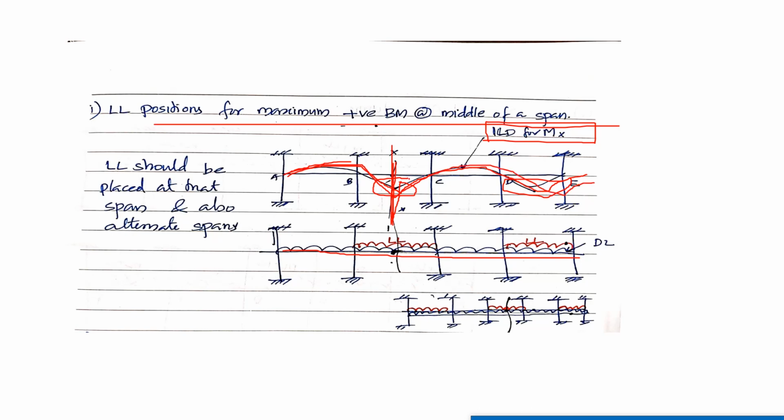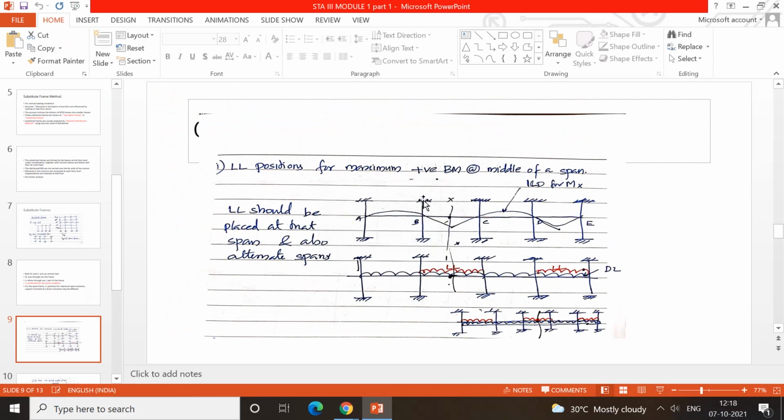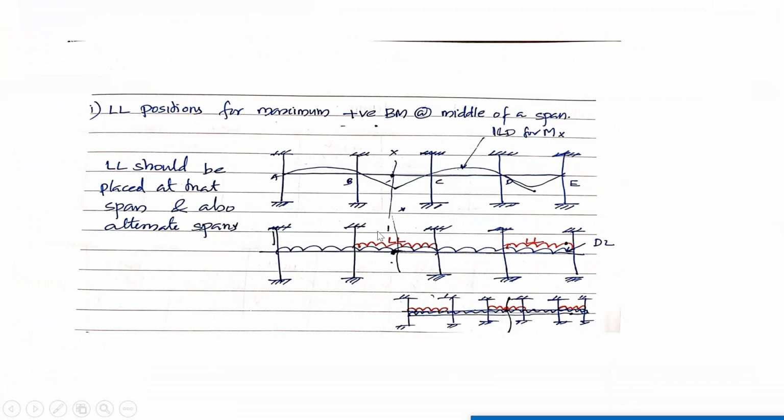Whenever you place the load at this span BC and this span DE, you will have maximum positive bending moment at this section XX. So this is the ILD for bending moment at the section XX. Okay, so you can place the live load at the particular span you have considered.